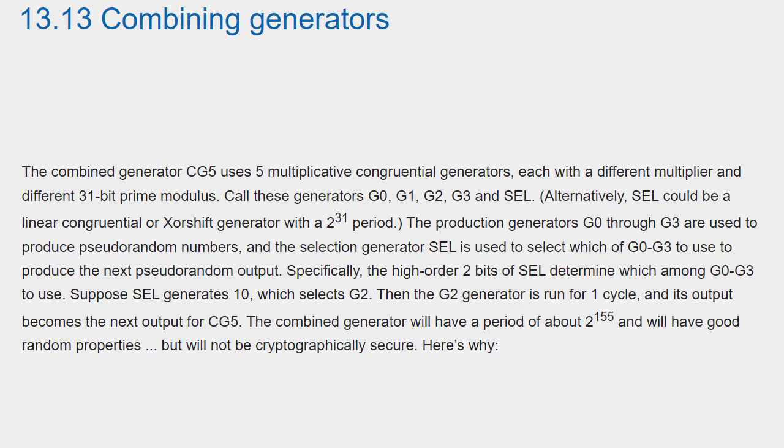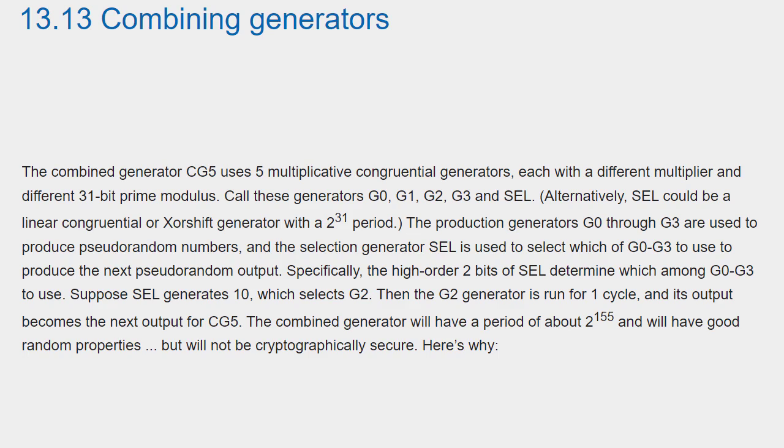Call these generators G0, G1, G2, G3 and SEL. Alternatively, SEL could be a linear congruential or XOR shift generator with a 2^31 period. The production generators G0 through G3 are used to produce pseudo-random numbers, and the selection generator SEL is used to select which of G0 to G3 to use to produce the next pseudo-random output.